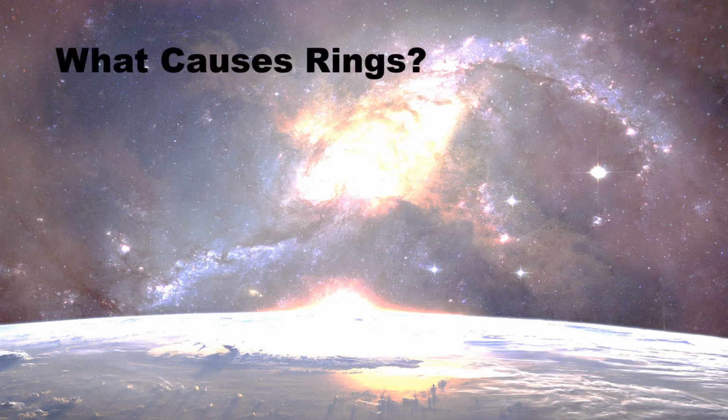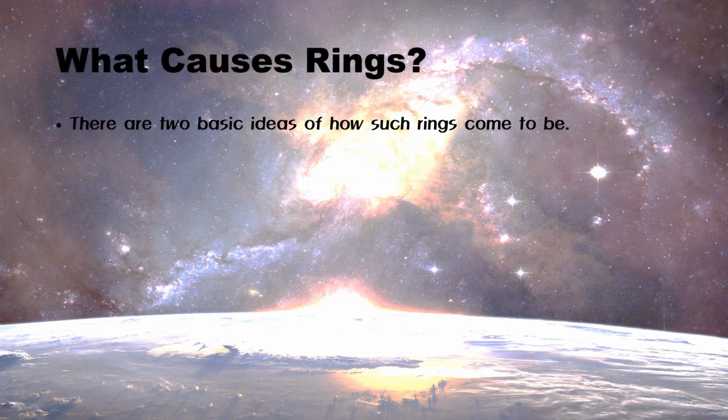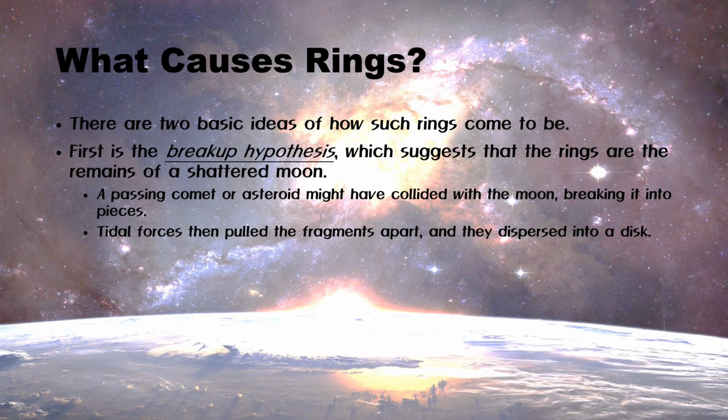So what causes the rings? Well, there are two basic ideas of how such rings came to be around our gas giants. The first is the breakup hypothesis, which suggests that the rings are the remnants of a shattered moon. For example, a passing comet or an asteroid might have collided with the moon, breaking it into pieces, and then tidal forces pulled those fragments apart, and they dispersed into a disk.